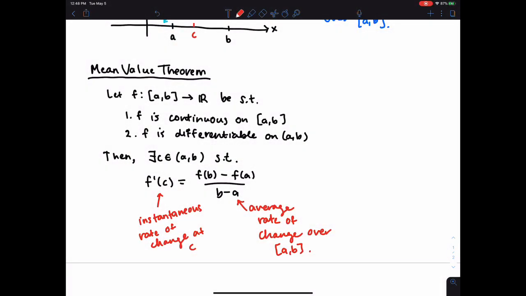Rolle's theorem is just a special case of the mean value theorem where f(a) equals f(b), because then when you plug into this top part of your slope here, the average rate of change that you compute is 0. So that's something that's important to note.